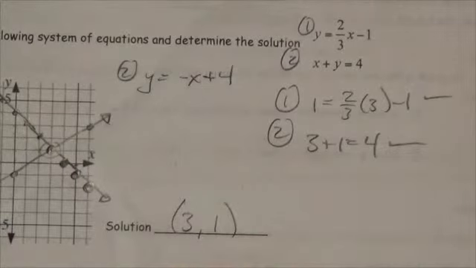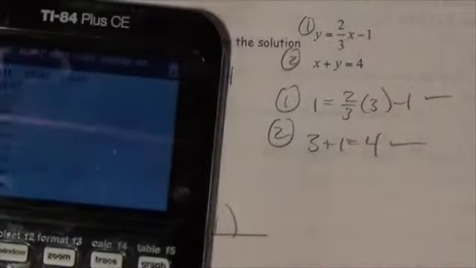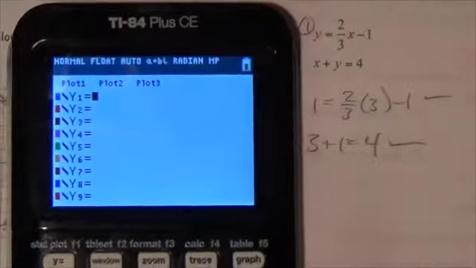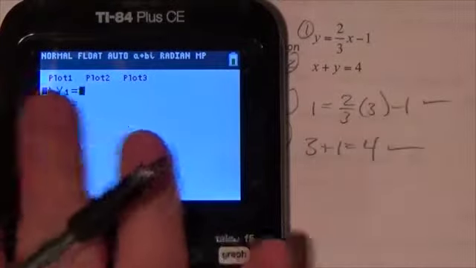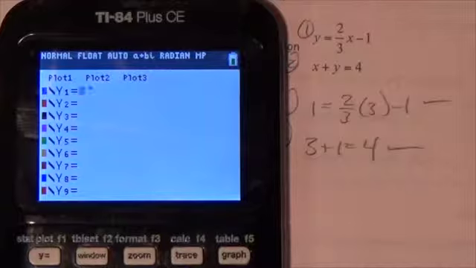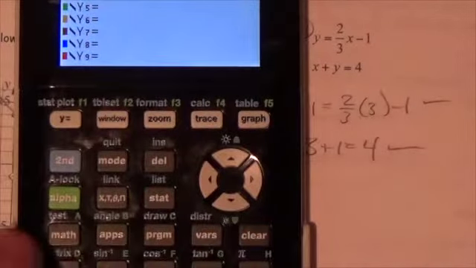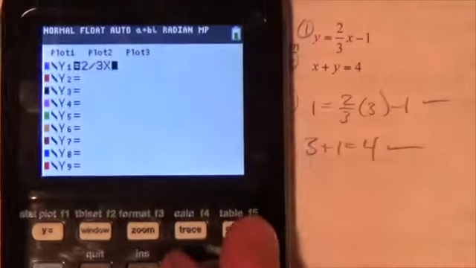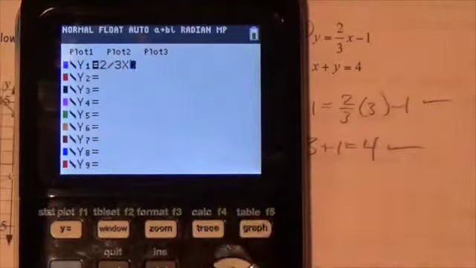Okay, now, once again, I want to show you how to use your calculator, because you really do got to get familiar with the technology here. So we go back to our y equals, and it's 2 divided by 3, x. Again, I'll just remind you, remember to use this button right here, right next to the apps button. That's your x. Minus 1.